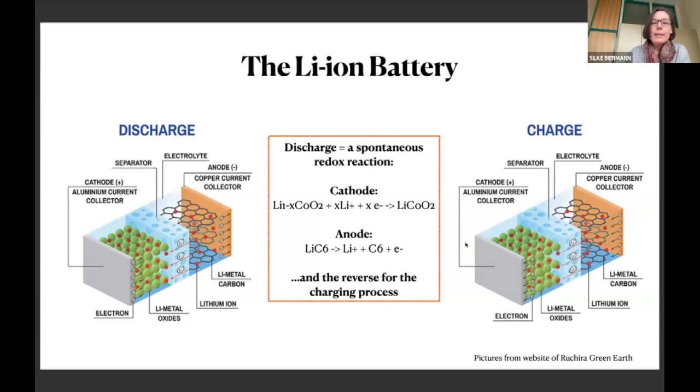And at the cathode, you have this reduction reaction here, where cobalt oxide is transformed into the layered lithium cobalt oxide. And at the anode, you have the corresponding process. The reverse is happening when you apply a voltage and induce the charging process. So discharge is a spontaneous redox reaction, and then the charging process leads to the inverse processes.